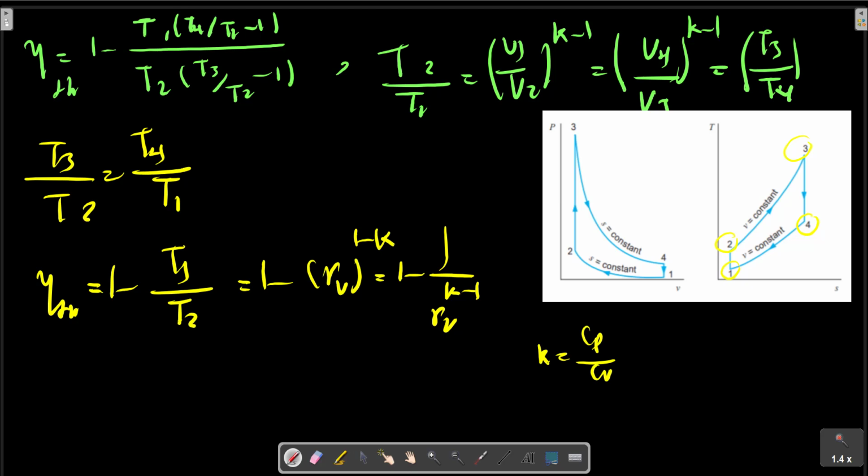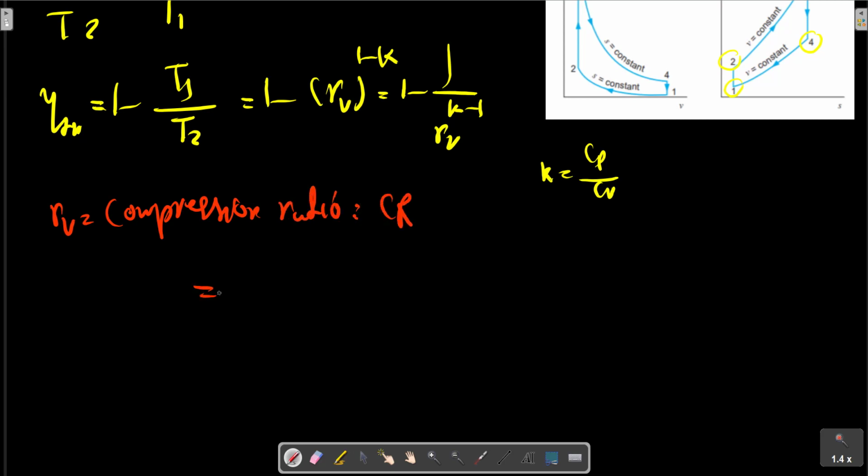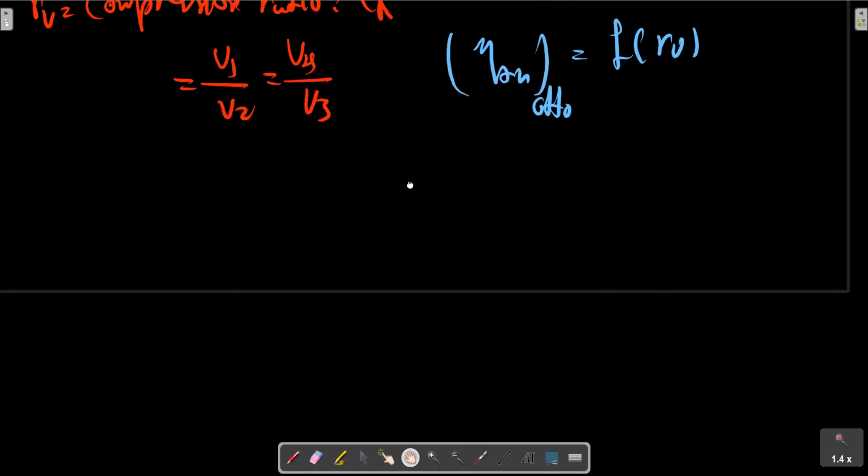And RV is the compression ratio. We can conclude that from this relation, the efficiency of the air standard Otto cycle is a function only of the compression ratio RV, and that the efficiency is increased by increasing the compression ratio.